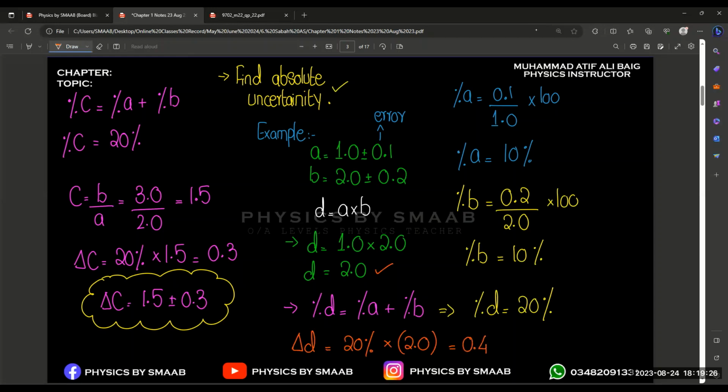So the final answer will be equal to 2.0 plus minus 0.4.